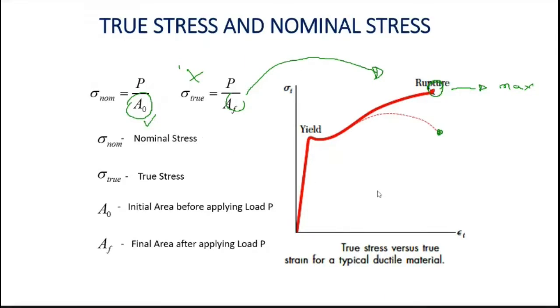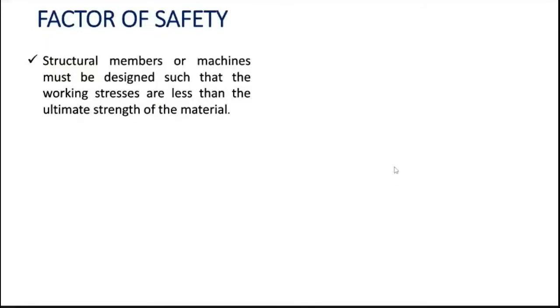So next, we'll go for the next topic called factor of safety. If I want to design any material, factor of safety is very, very important. What does it say? For example, let us consider a lift in Saravana Store. In the lift, it says that a maximum of 15 persons can go.